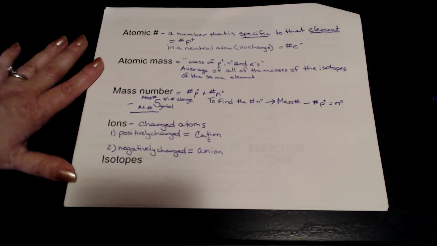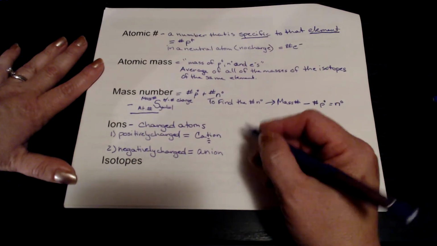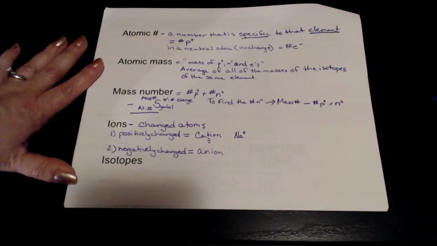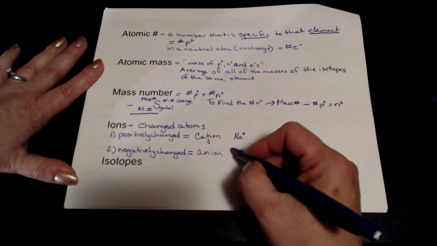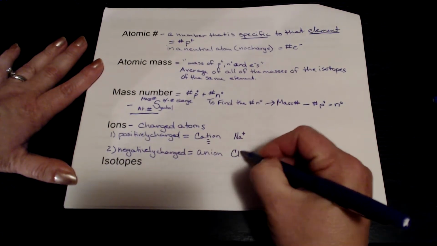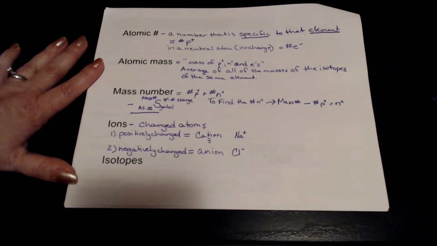That's just one way to keep them straight. An example of a cation would be something like sodium +1. An example of a negatively charged anion would be something like chlorine -1.